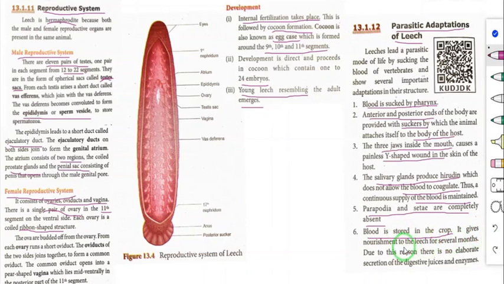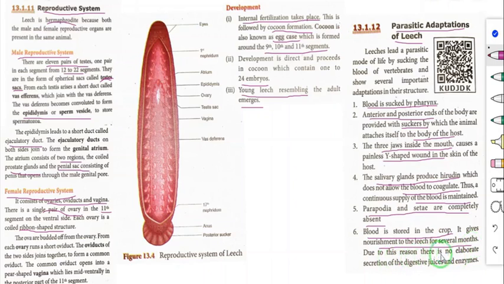It gives nourishment to the leech for several months. So the leech can get nourishment or food for long, maybe 4 months or 5 months, like that.